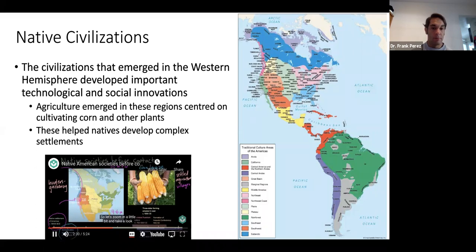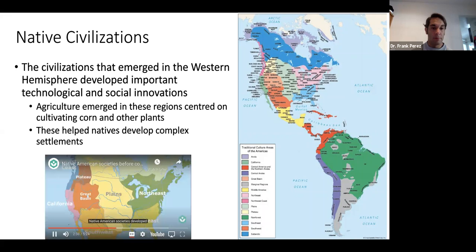So let's zoom in a little bit and take a look at some of the major societies in these regions. Native American societies developed around their natural environments using the resources that were available to them. For example, the Southwest, Plains and Great Basin were quite dry, a lot of desert. And so societies in these regions adapted to the dry climate in several ways.